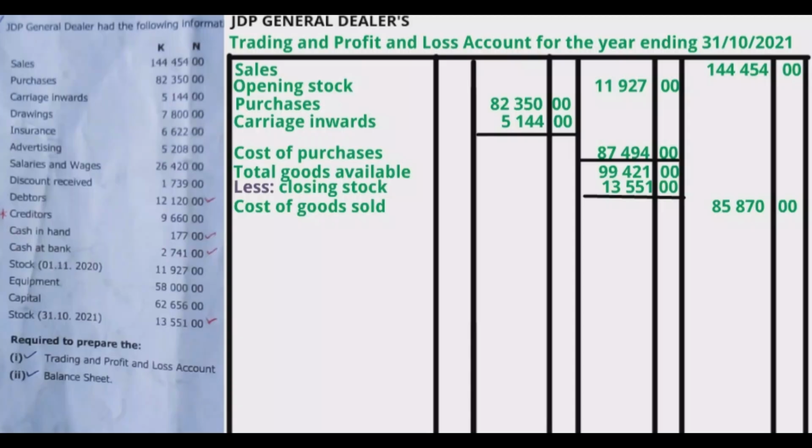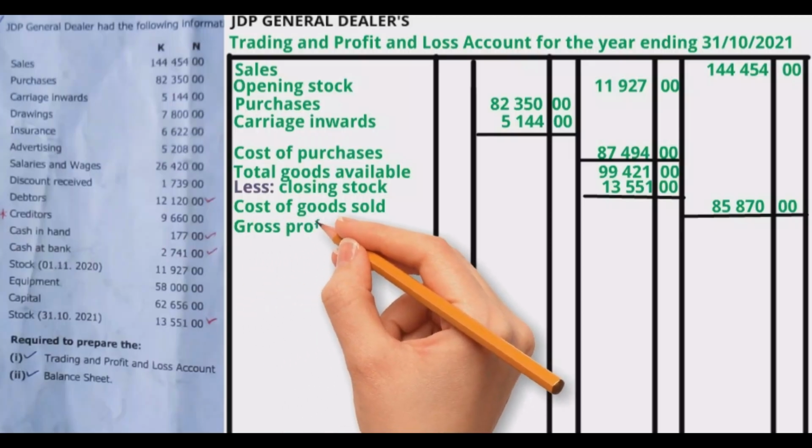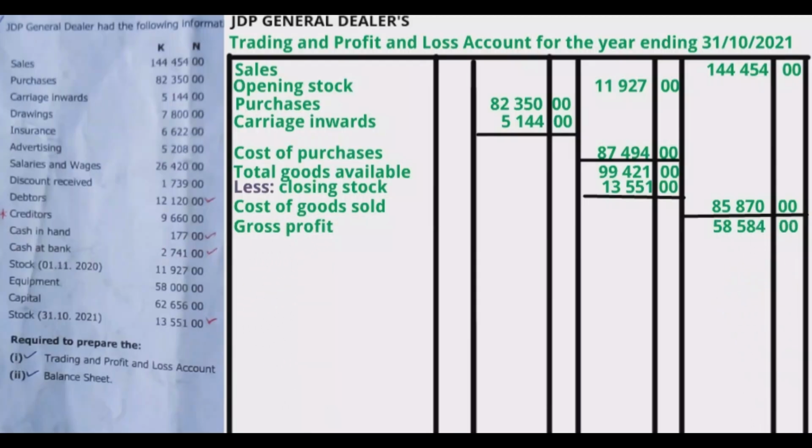Then we find the gross profit. We subtract from the sales we made, 144,454 minus 85,870, which gives us the gross profit, 58,584.